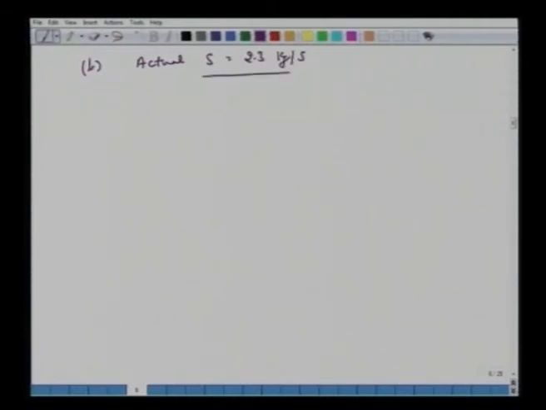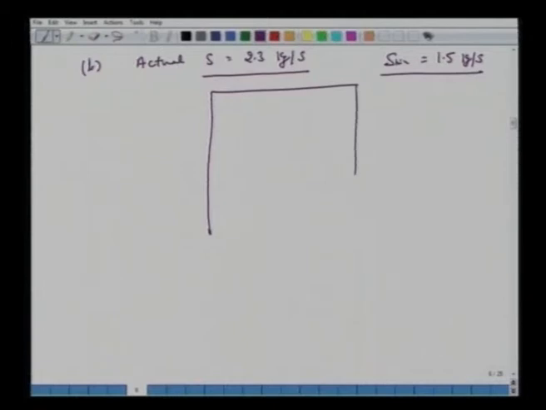We have this 0.5 here, and now S min is 1.5 kg per second, and typically we calculate del min, and then we find del operating. Generally it's given as 1.2 to 1.5 times del min, but in this case 2.3 kg per second of solvent is given to us.